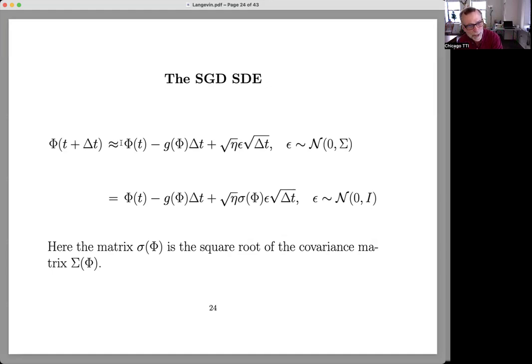So this is a stochastic differential equation that is a model of stochastic gradient descent, where we've taken a batch size such that the model is not changing much over that batch size, but the sampling is adding noise. The batch itself has noise in the gradient.